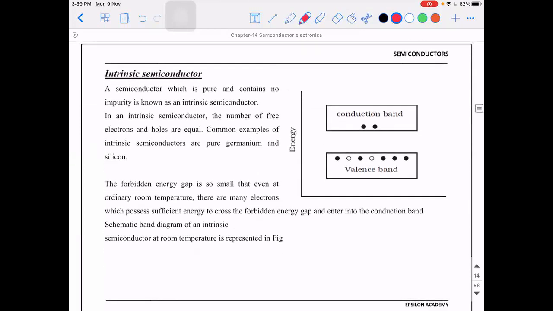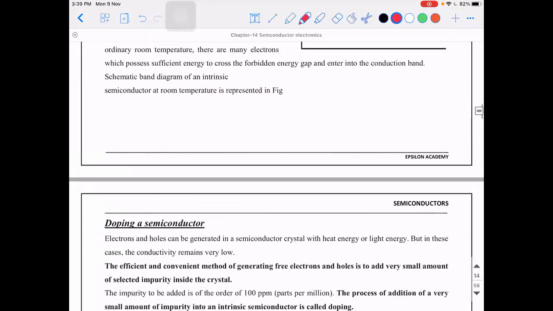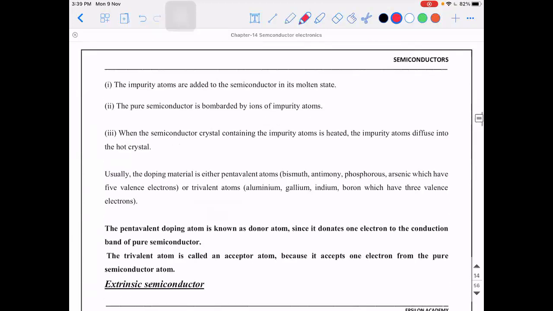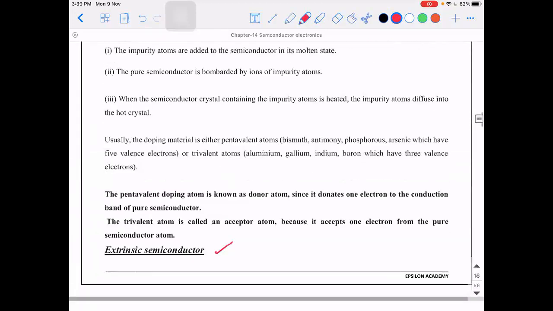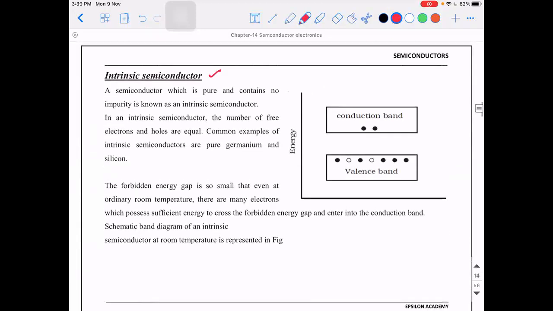Basically, semiconductors are classified into two types. One is called intrinsic and the second is called extrinsic semiconductor. Okay, so let's see what intrinsic means. Intrinsic generally means pure form.